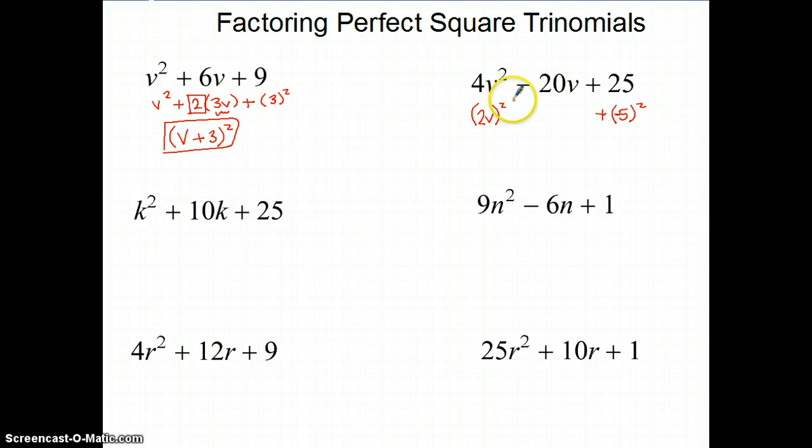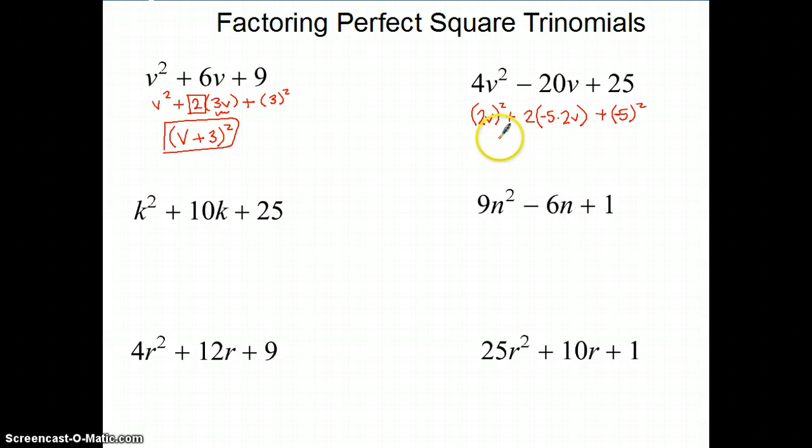Now in the middle, you should be able to see that this is plus 2 times the 2 bases of my first and my last terms multiplied together. 2 times negative 5 times 2v. When I multiply all those together, I get my negative 20v in the middle.